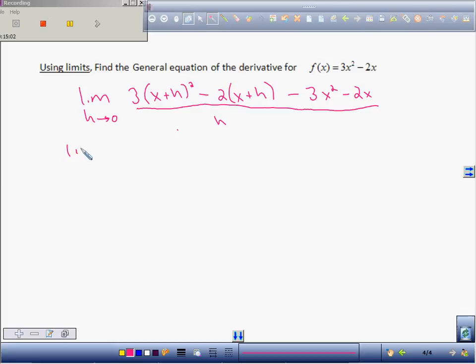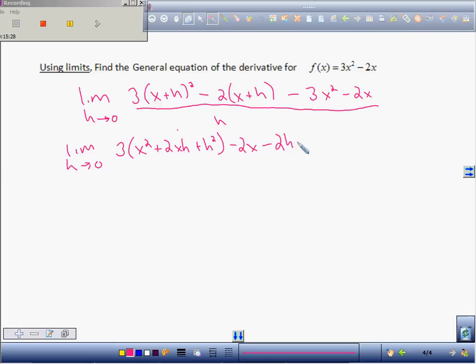So I'm going to get the limit as h goes to 0 of, I'm going to leave the 3 outside, and when I FOIL this, I get x squared plus 2xh plus h squared. Everyone sees what I did? Well, that minus, what do I get here? 2x minus, no, don't forget the minus sign, minus 2h.